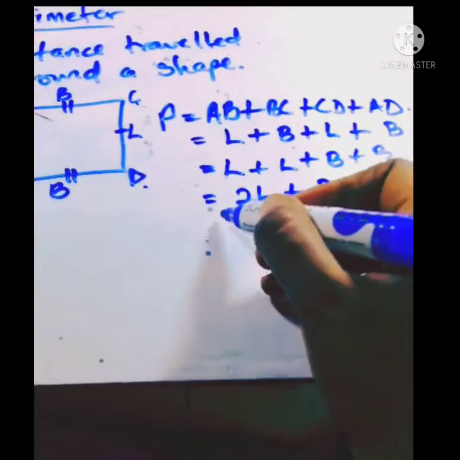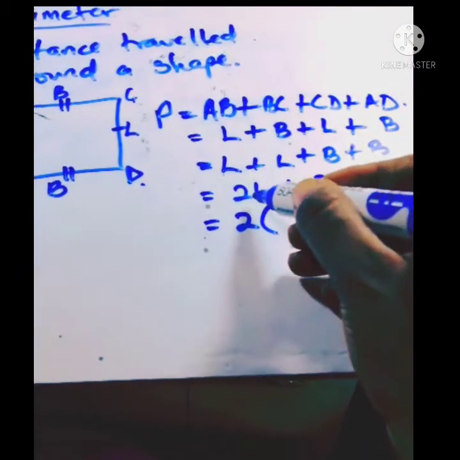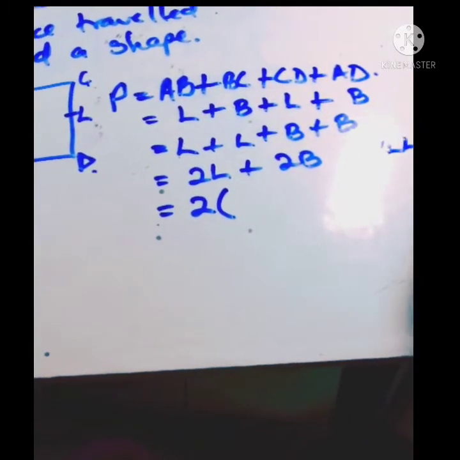If we factorize, 2 is common, so we open the brackets: 2L divided by 2 and 2B divided by 2.